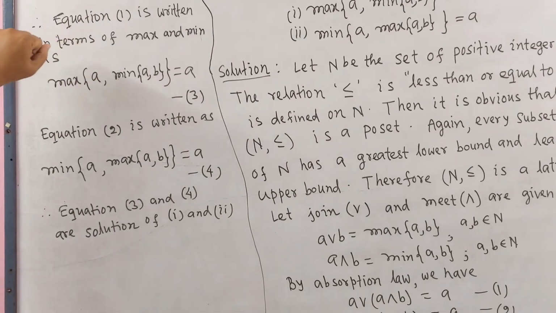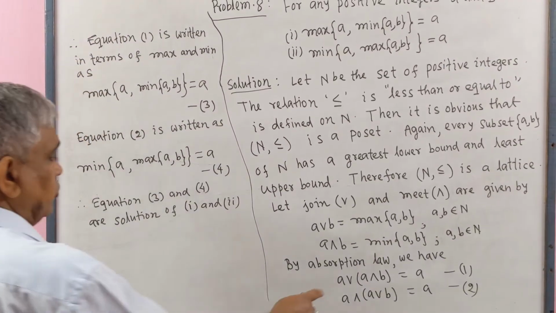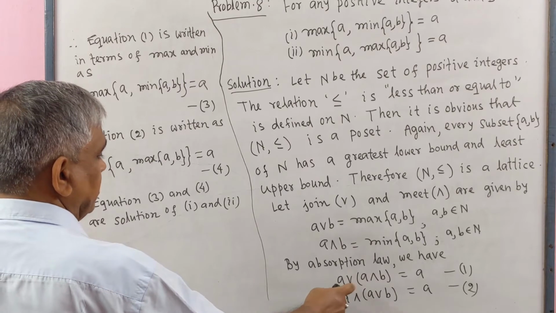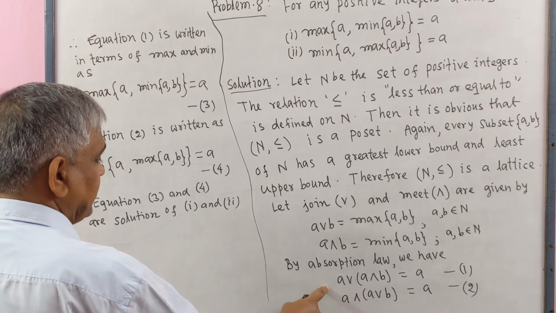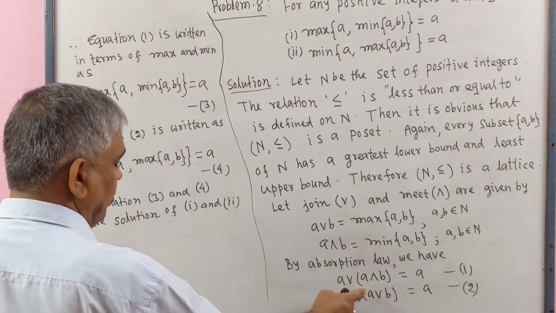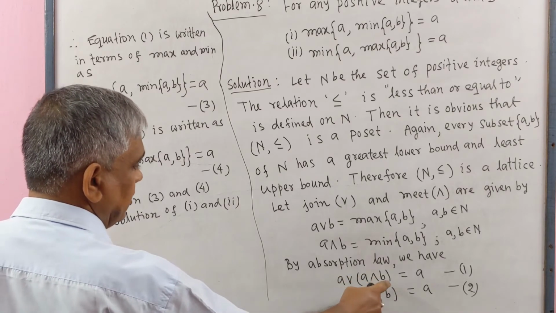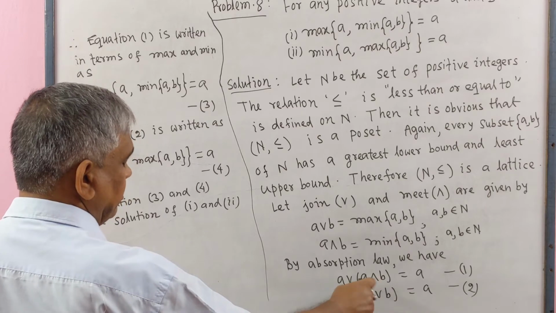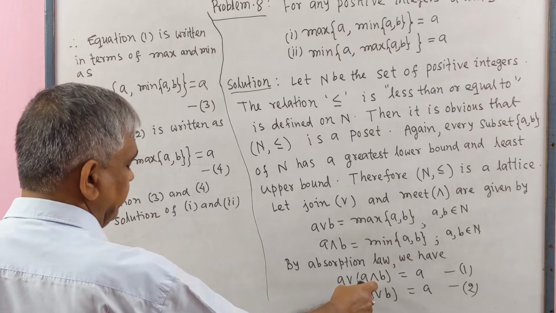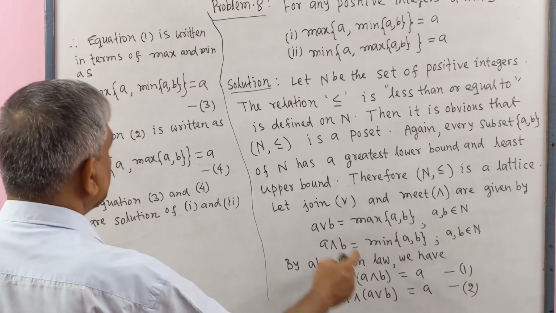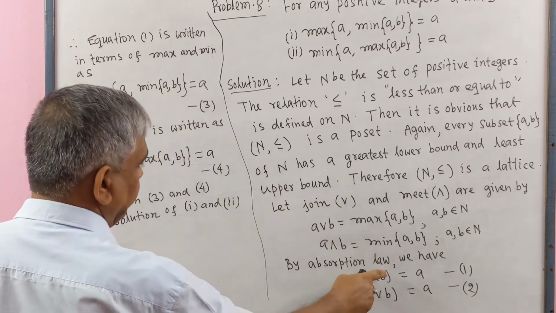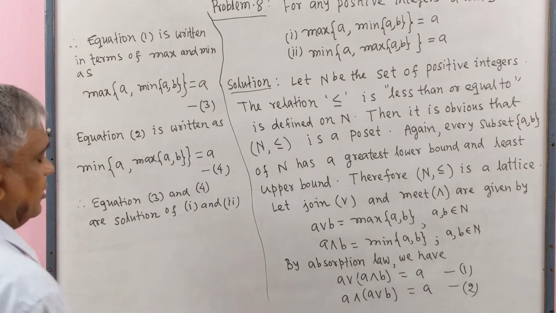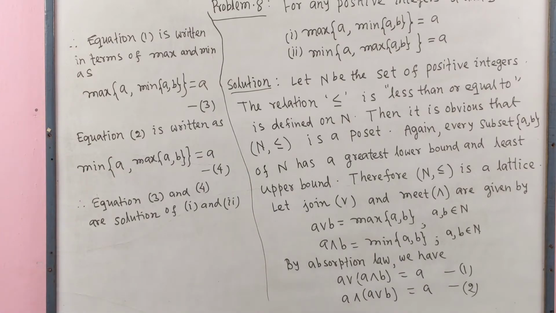Join is termed as maximum, so this will be max of A comma, and meet denotes minimum, so min of A comma B, equals A. This is number 1 proved.